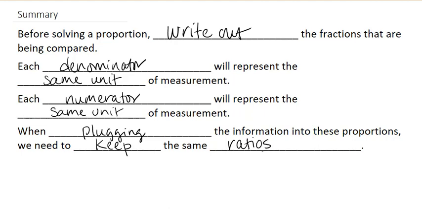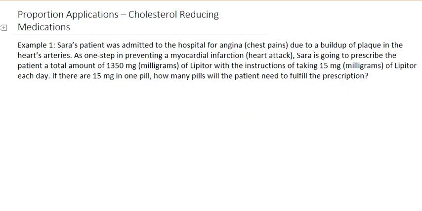So let's go back to our problem. Now, when we say that there's 15 milligrams of one pill, we're going to keep this on the same side of the proportion. So we would write 15 milligrams on top over one pill. And then this is for one side.